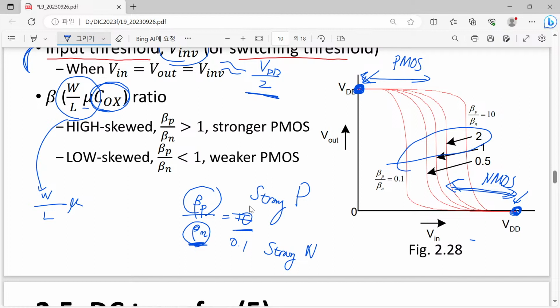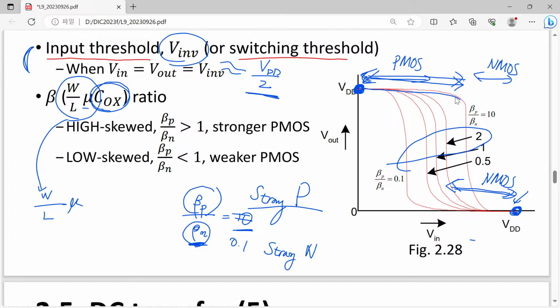If we have a strong PMOS, then we will have a much wider range of PMOS-dominated voltage transfer curve and a relatively short range for our NMOS-dominant curve. So that's the reason why we have this kind of skewed behavior for PMOS dominant.